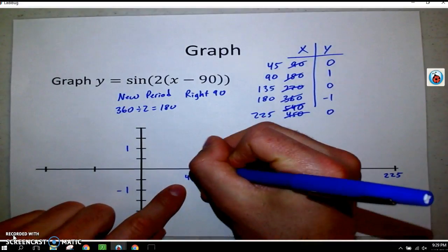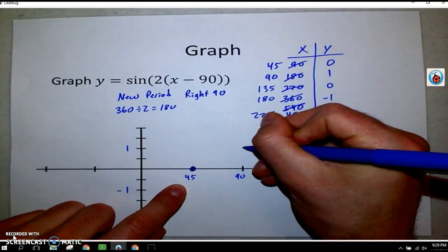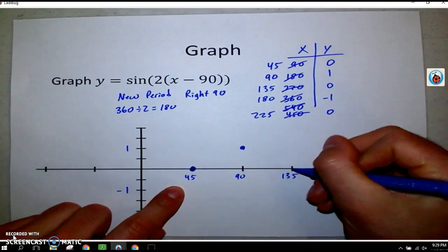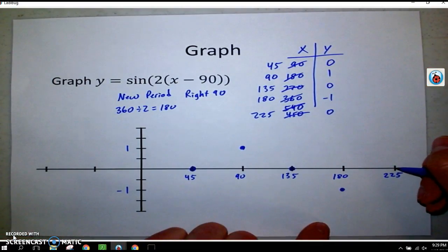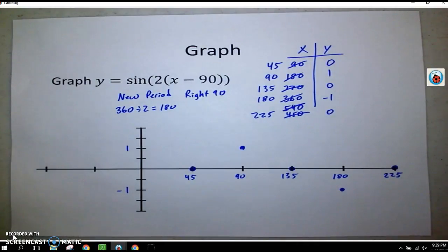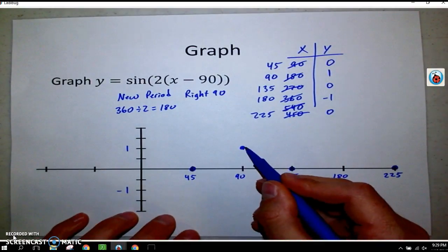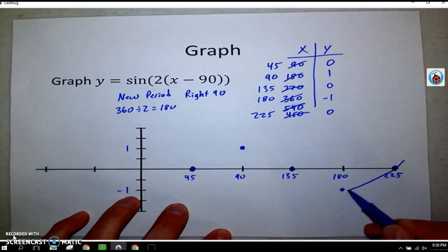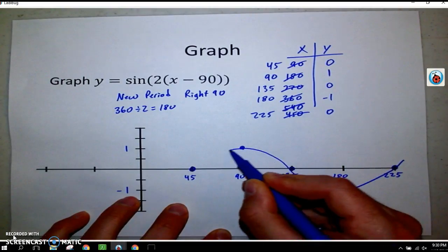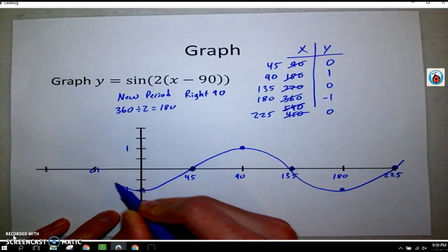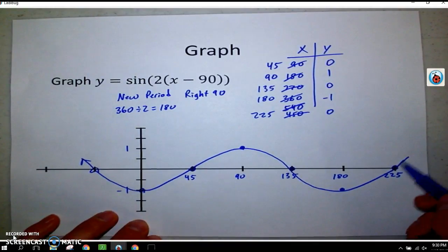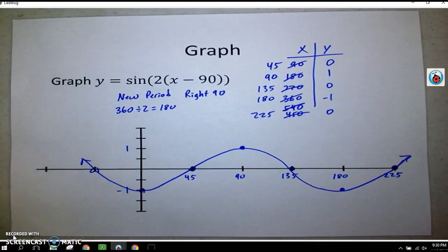So 45, 0, 90 will be at 1, 135 at 0, 180 at -1, and 225 at 0. Go ahead and connect those. And if I needed to graph a couple other points, again, just continue that pattern. All right. Thank you, everybody.